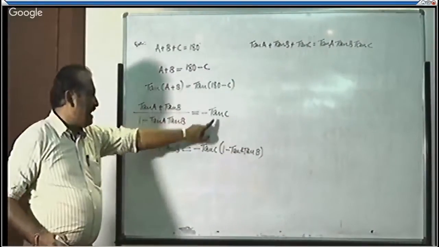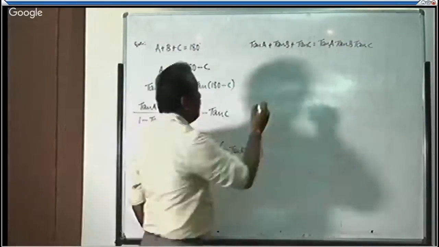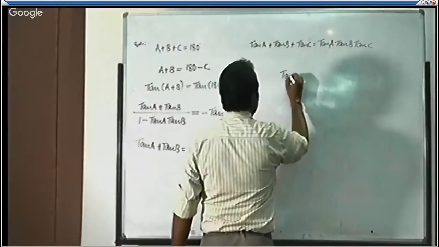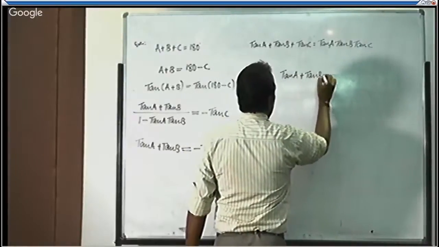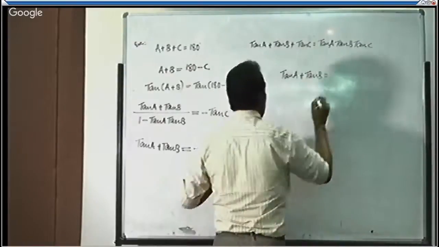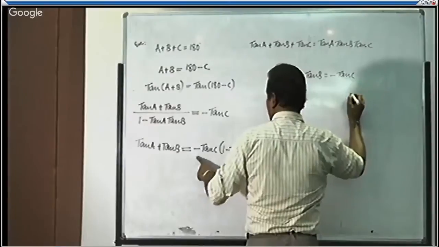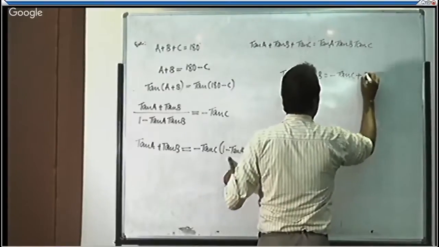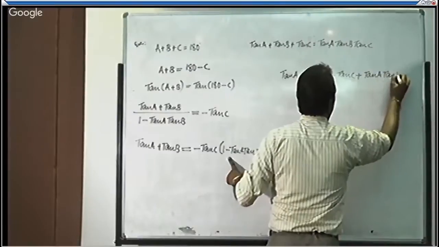When this comes to the opposite side, it is coming to the numerator. Now write down the same old LHS, that is tan A plus tan B. Now this is minus tan C into 1, it is minus tan C. Minus into minus, it is plus tan A tan B tan C.